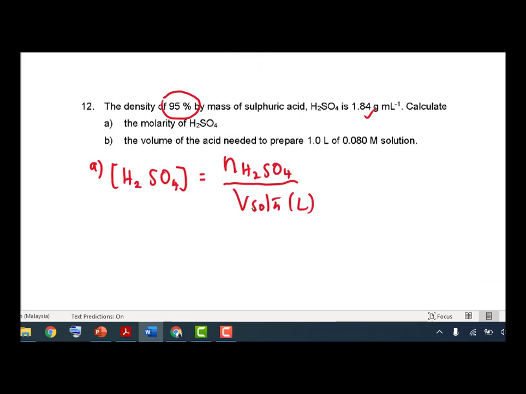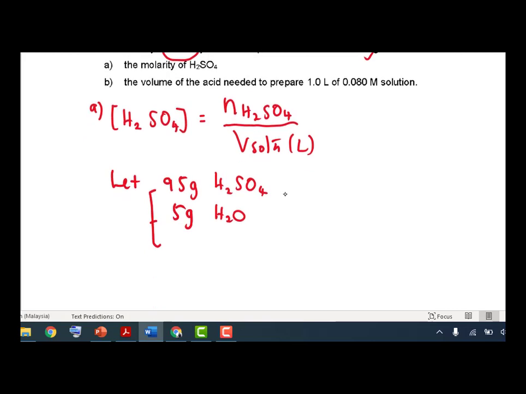What does it mean by 95% by mass of sulfuric acid? It means you have to assume 95 gram of sulfuric acid in 5 gram of water only. Total made up of 100 gram of solution.